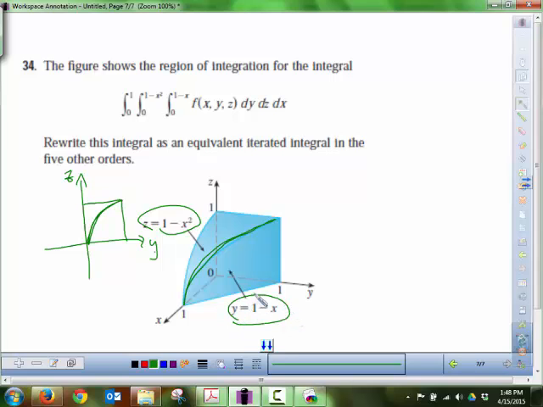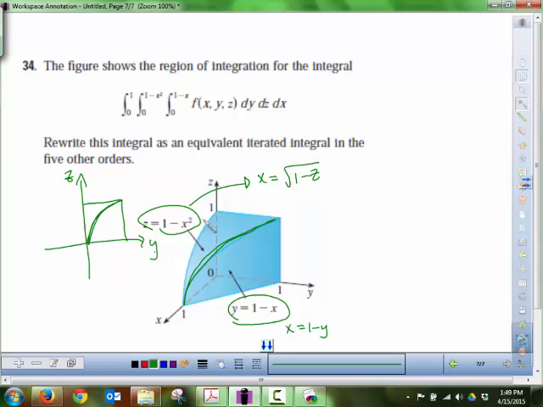Now, if we're going to find an intersection, we have to set a couple of things equal to each other, right? And it looks like they both have an x. Maybe we can just set the x's equal to each other. Let's get x by itself here. X is equal to 1 minus y. Let's get x by itself here. X is equal to square root of 1 minus z, and it's positive.